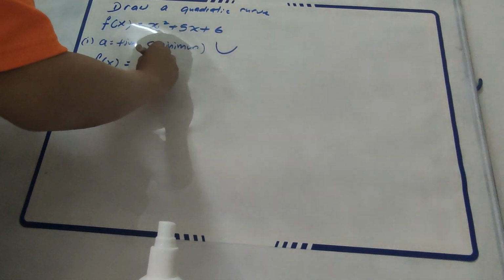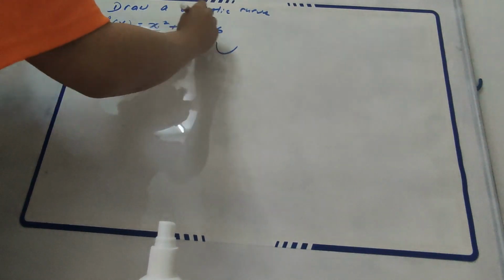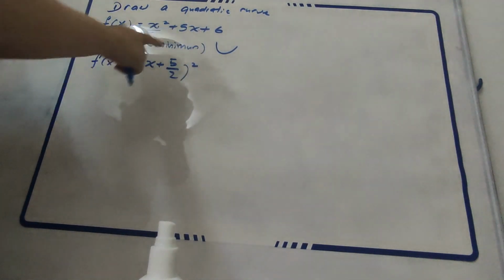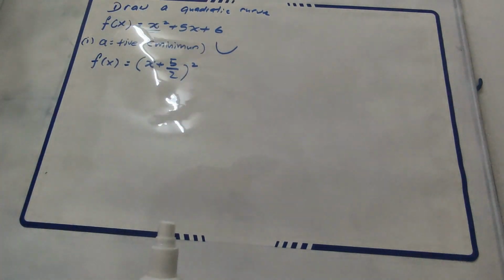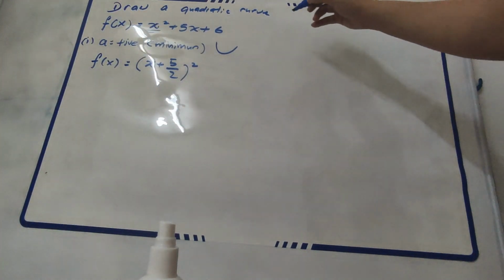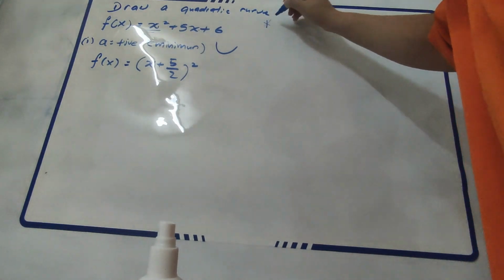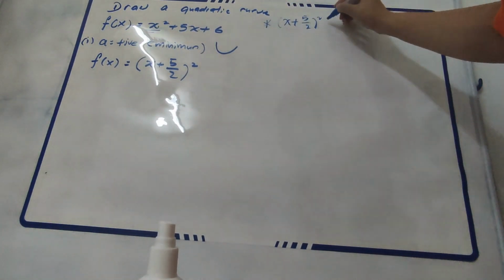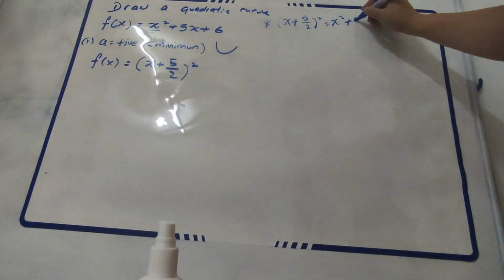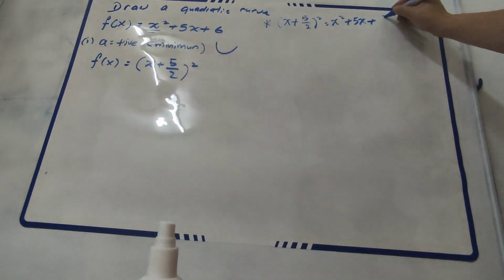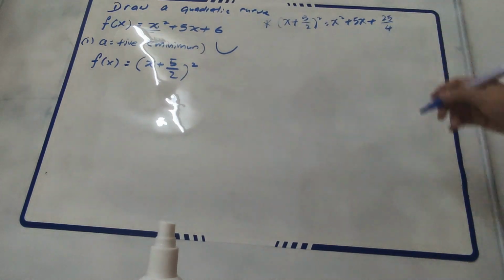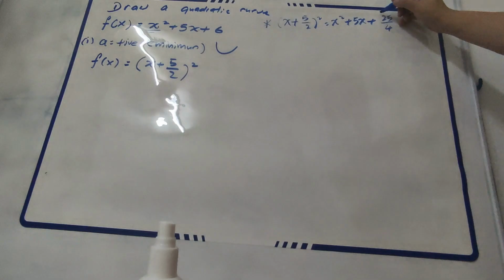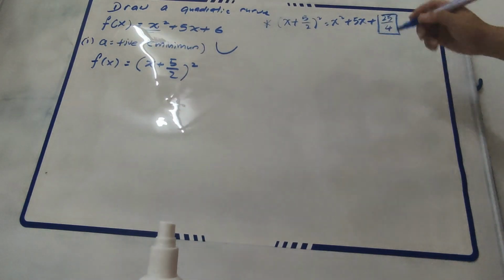You take x plus 5 over 2 squared. Of course, your (x + 5/2)² actually equals x² + 5x + 25/4. So here you need to remove the extra value.